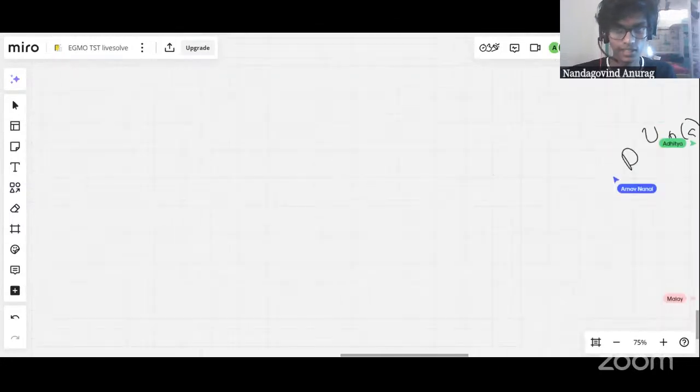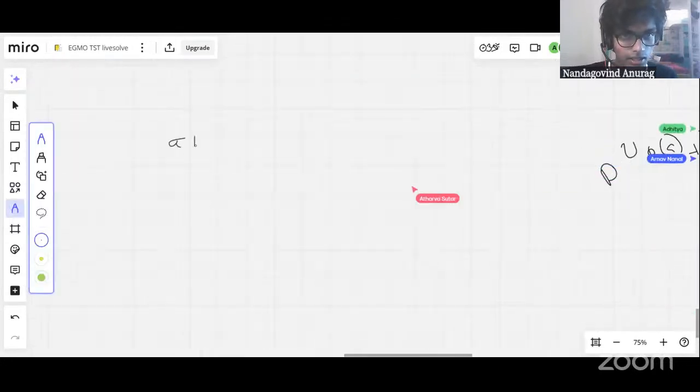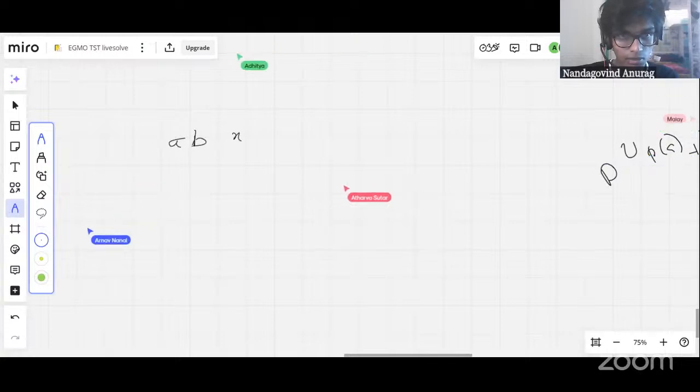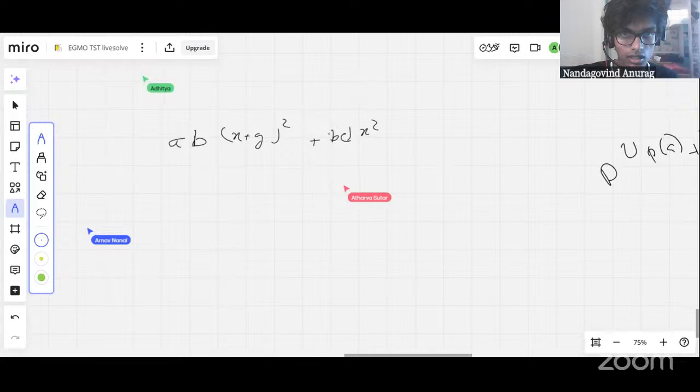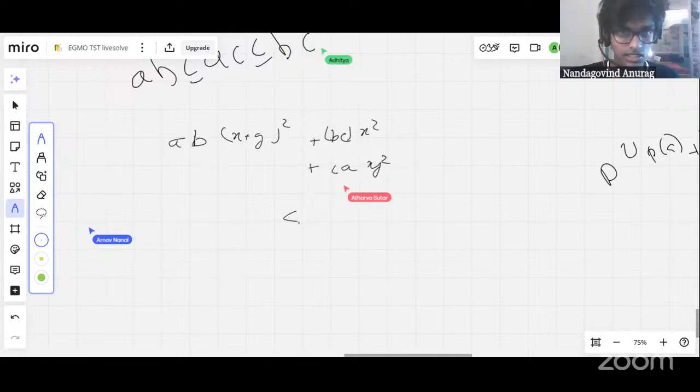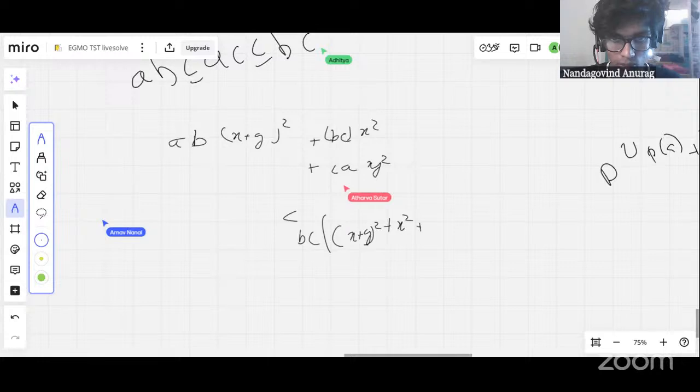So we have AB times x plus y whole square, plus BC times x square, plus CA times y square. Now this thing is less than BC times x plus y whole square plus x square plus y square, because AB and CA are each less than or equal to BC.